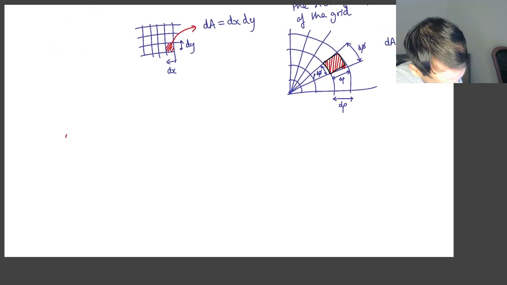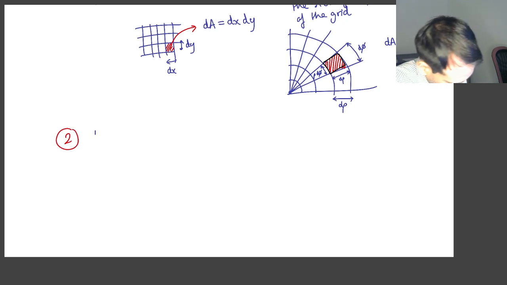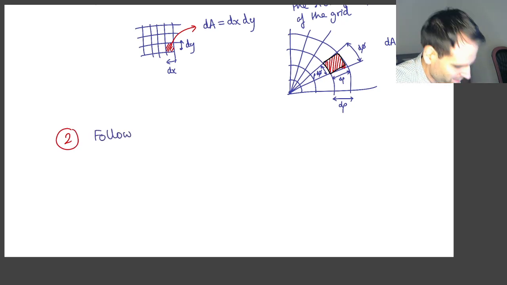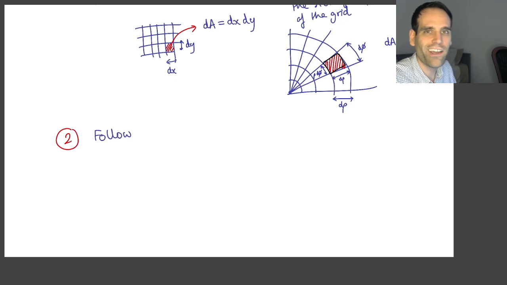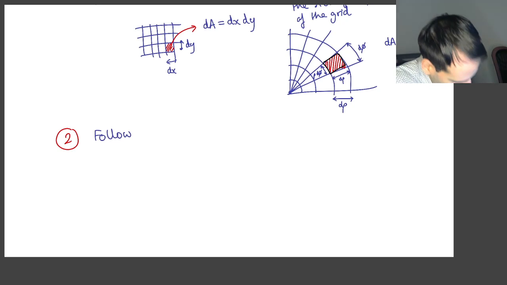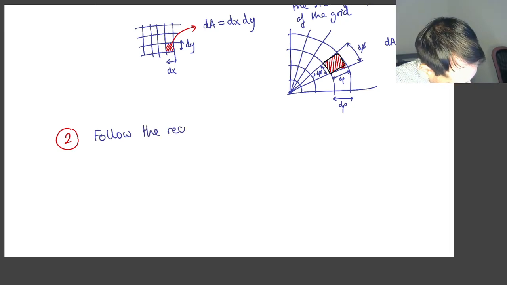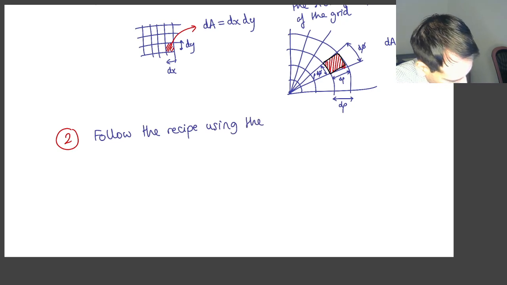Second, you can follow a recipe. And this recipe, surprise, surprise, uses your old friend, the Jacobian determinant. Remember, I presented you to the Jacobian determinant in the previous chapter about partial differentiation. So follow the recipe using the Jacobian determinant.